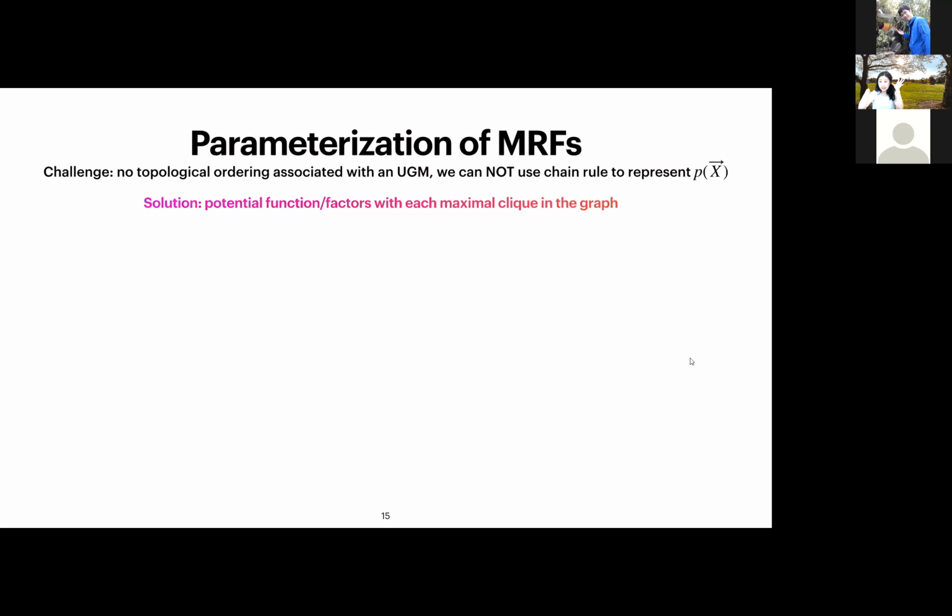That's why I said undirected graphical models are more complex. So how should we represent the joint probability? People have come up with this potential function, or some kind of factors, with each maximum clique in the graph. So now you might want to ask, why do I care about cliques in the graph?